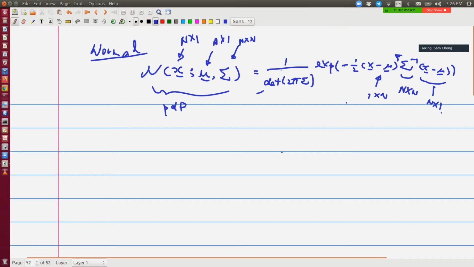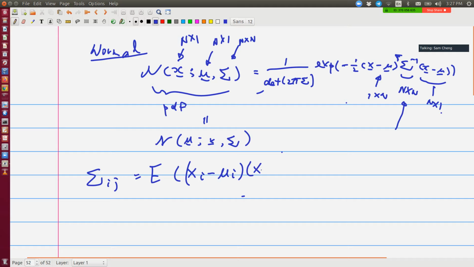One thing to start with is a very simple and obvious observation that is useful, though. Note that this is the same if x and mu are swapped, so it's kind of symmetric. Another thing is that the covariance matrix should be symmetric. Remember how we define it: the ij component is the expectation of (xi minus mu i) times (xj minus mu j).